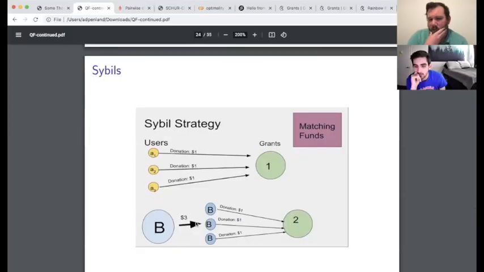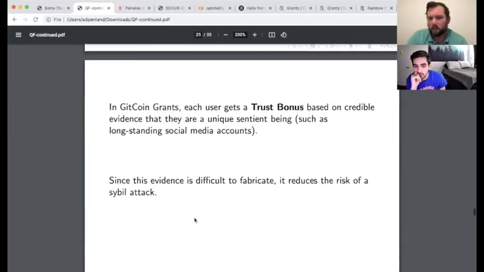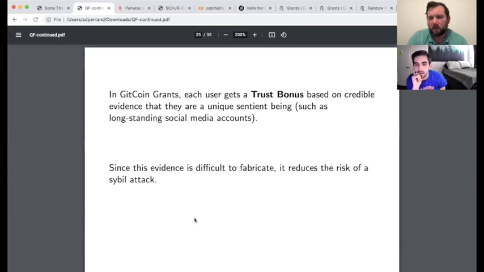What about a Sybil strategy? What do we do here? Well, in practice, in GitCoin grants, the strategy was to use a trust bonus. You allocated this trust bonus based on some evidence provided that the person was actually a sentient being. For instance, if you had a Twitter account with lots of posts that you could verify was yours, or if you had a lot of GitHub contributions, or if you had been a member for a long time, something that was difficult to fabricate, essentially a proof of work, if you think about it.